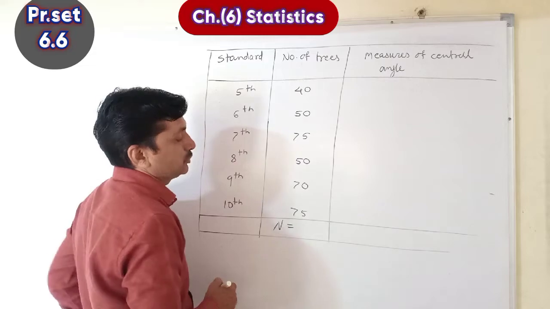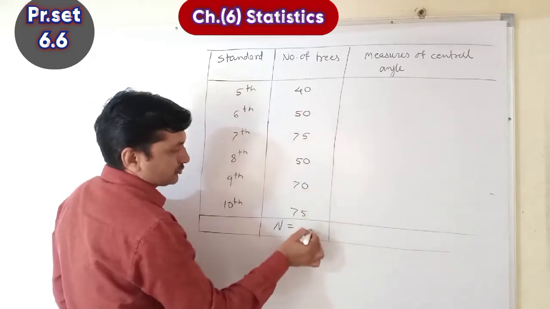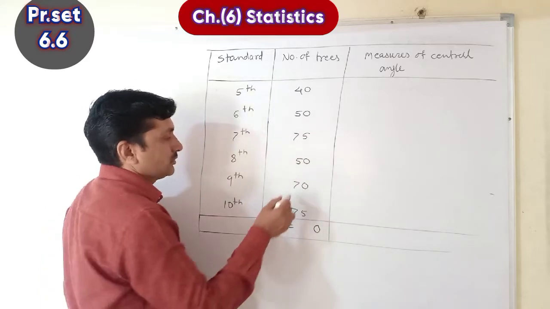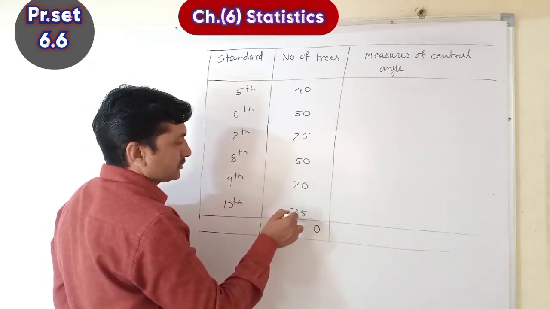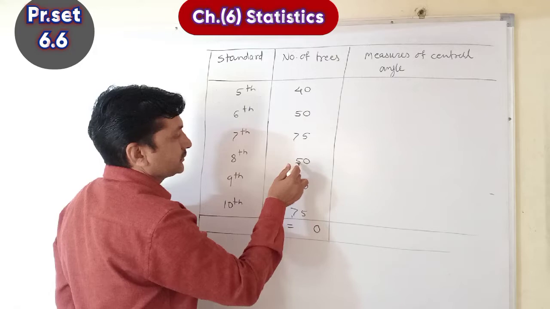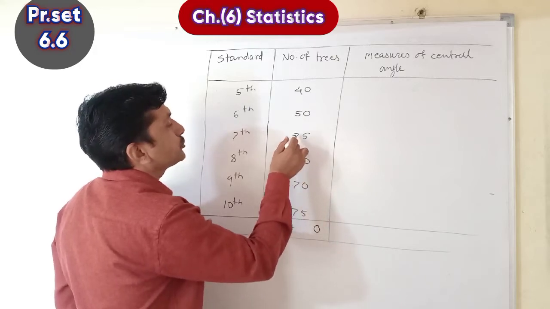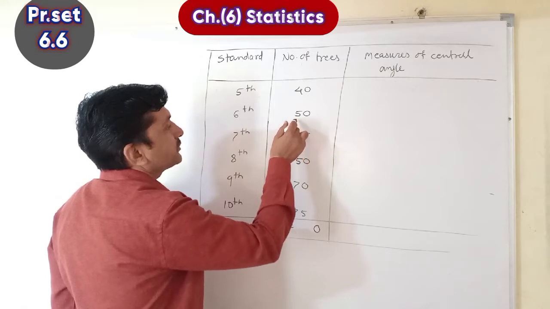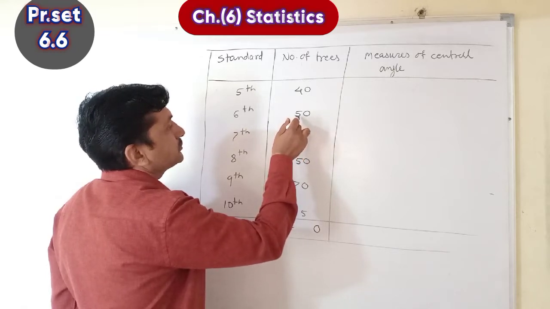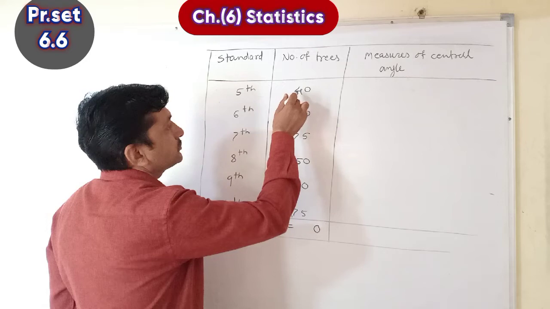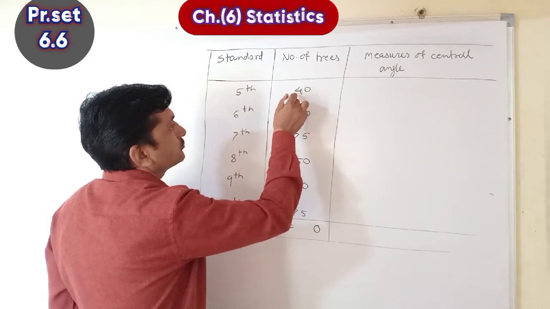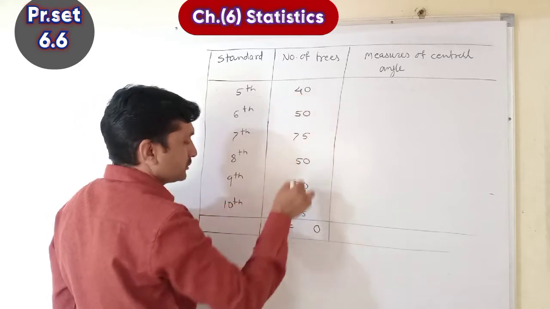N means sum, total. 5 plus 5 10, 0 is taken, 1 carried over. 7 plus 7 14, plus 1 15, 15 plus 5 20, 27, 27 plus 5 29, 29 plus 4 33.